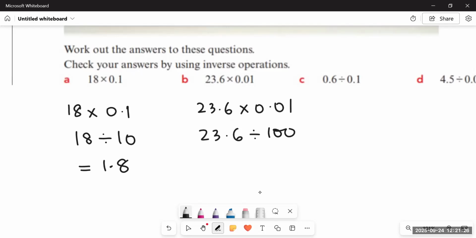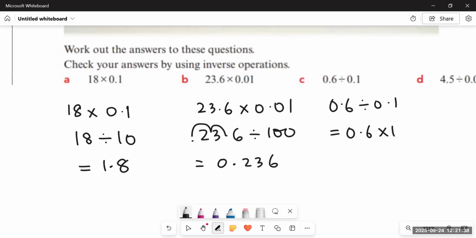When we divide it by 100, the decimal will move 2 places backwards and it becomes 0.236. Then we have 0.6 divided by 0.1. So it's actually 0.6 multiplied by 10. When you multiply, the decimal will move forward. When you divide, the decimal will move backwards. So it becomes 6.